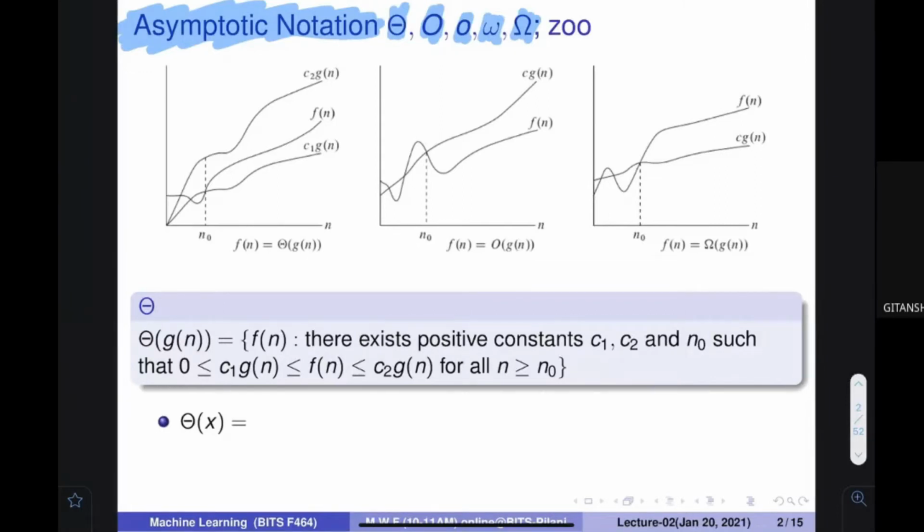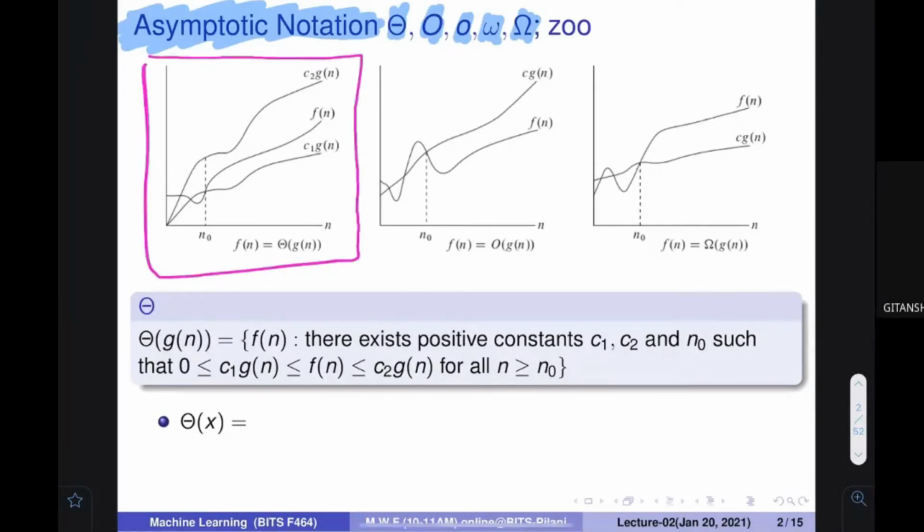just consider this particular graph here. Let's assume that I want to understand the behavior of a function f(n). Can you see this? It is going something like that. If I want to understand the behavior of this particular function, then in asymptotic notation we actually want to understand the behavior of this function with respect to some other function.